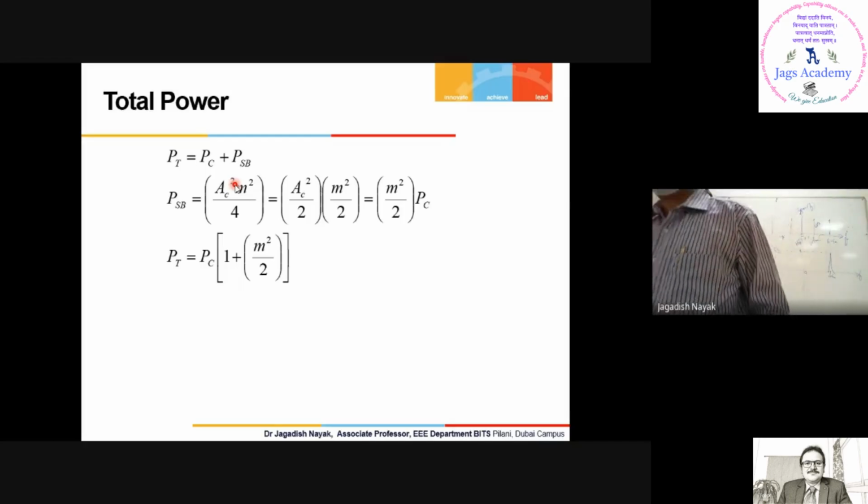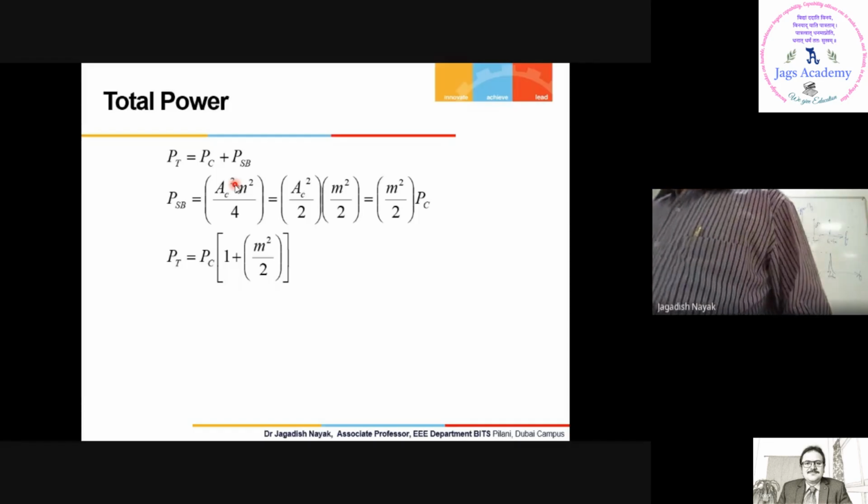Now I will separate this equation a little bit. I will write it in terms of Ac squared by 2 into m squared by 2.